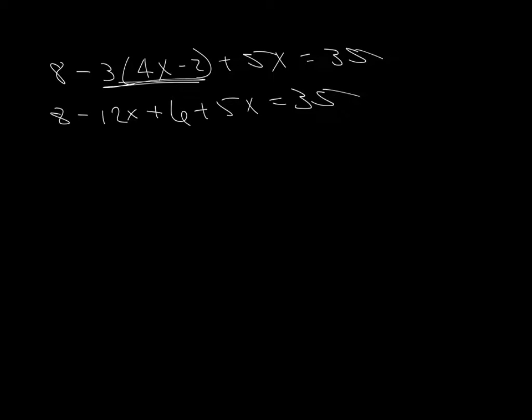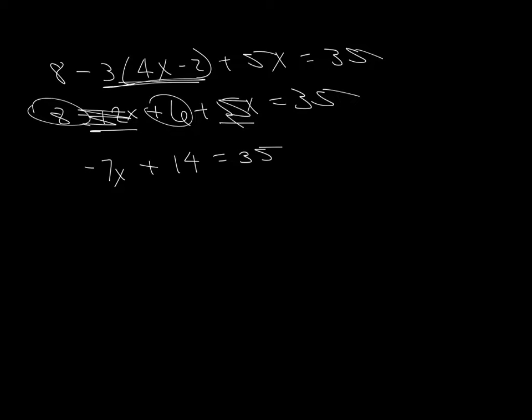And we're going to get all the variable terms on one side and all the constant terms on the other. So we're going to combine what we have there. Okay, and those are done. We're going to add these. Okay, now we're trying to isolate the variable, get it all by itself.